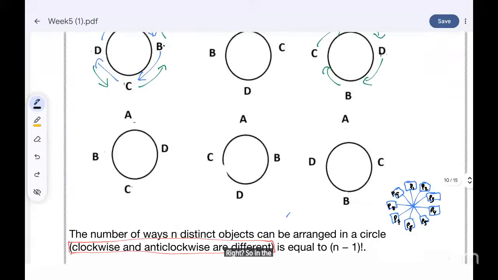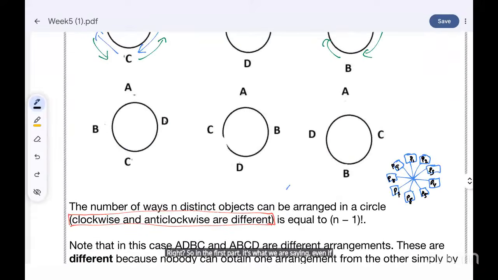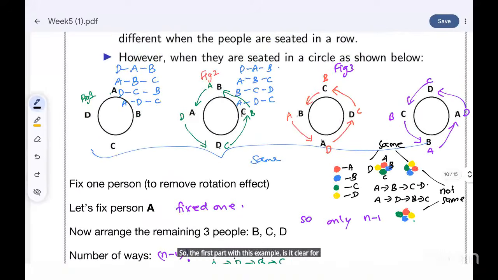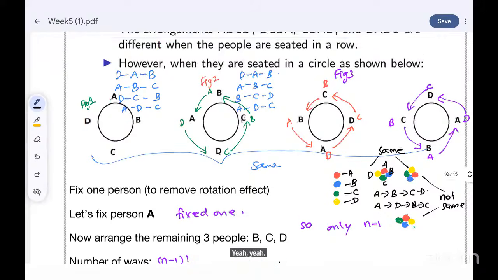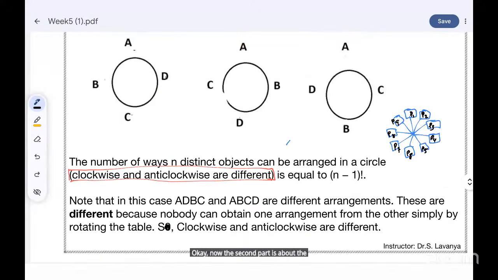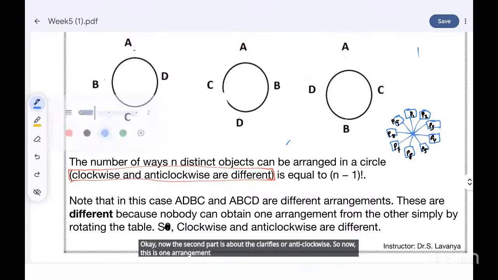Even if we are rotating, the positions are not changing, the arrangements are still exactly the same. So with this example, is the first part clear now? Yes. Okay. Now the second part is about clockwise and anti-clockwise. So now this is one arrangement. Now consider the other arrangement, which is this.